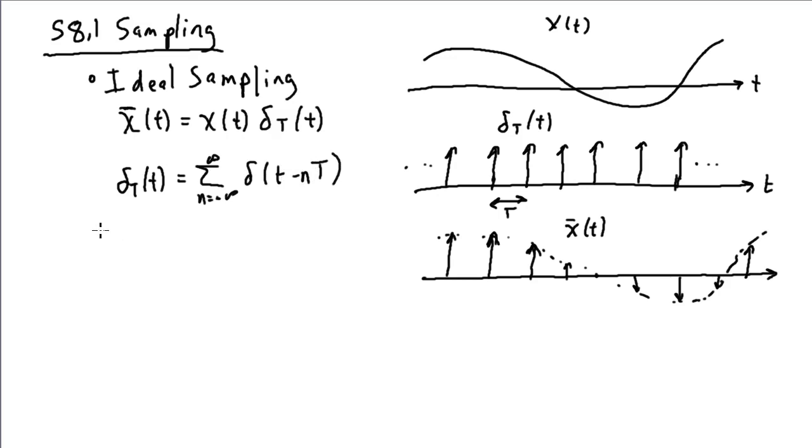Then recall that from the multiplication property of the impulse, if I multiply x of t by delta t minus t0, the result is an impulse whose weight is now the function evaluated at t0.